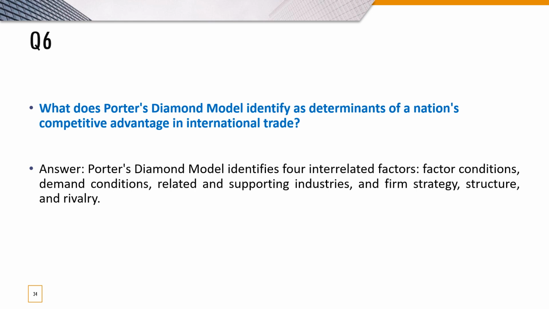Porter's diamond model identifies four interrelated factors. 1. Factor conditions. 2. Demand conditions. 3. Related and supporting industries. And 4. Firm strategy, structure, and rivalry.